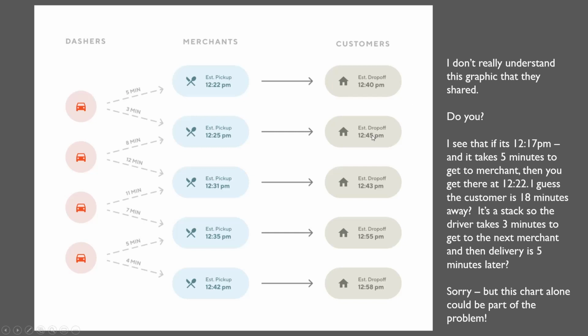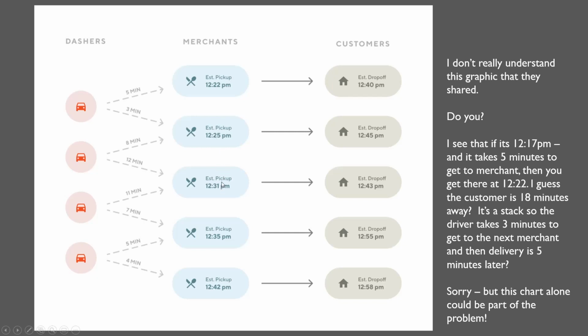I mean, yeah, maybe. But then look, we keep going here. Now this car has 8 minutes to 12:25, so it's still 12:17. And then the drop off at 12:45, and then an extra 12 minutes to get to this restaurant.